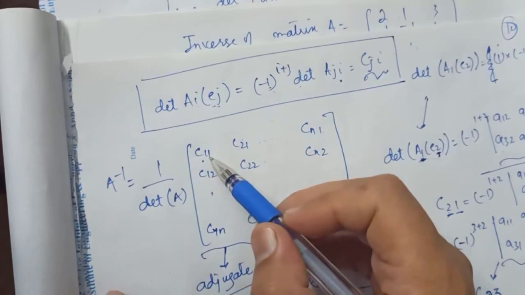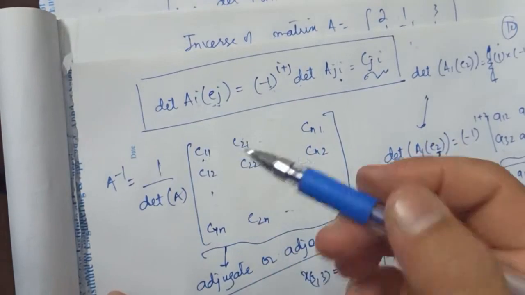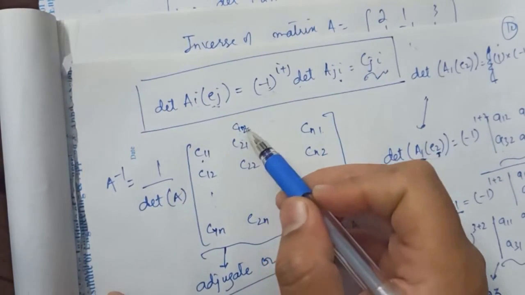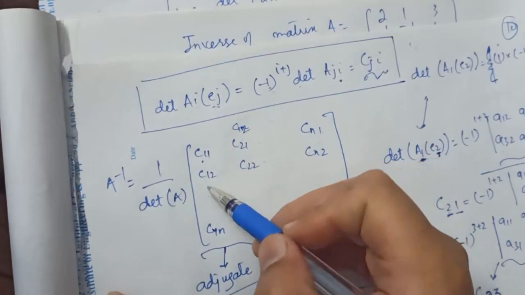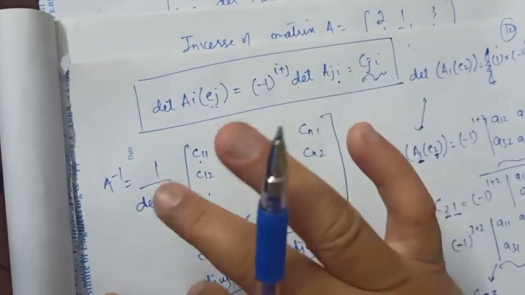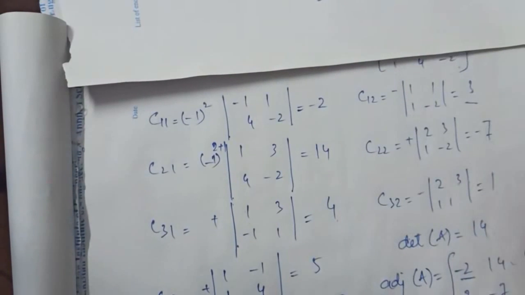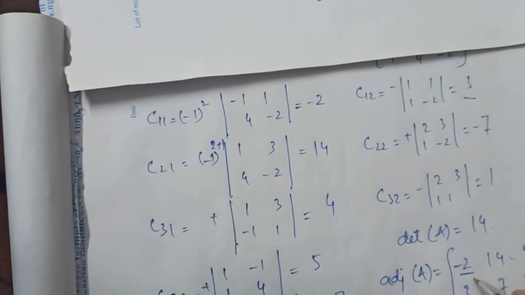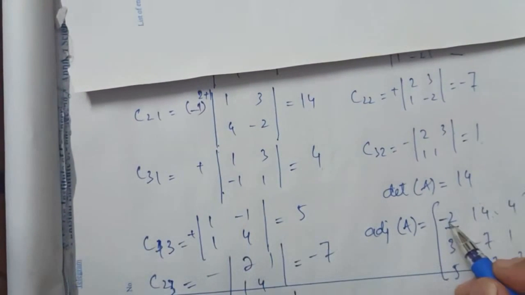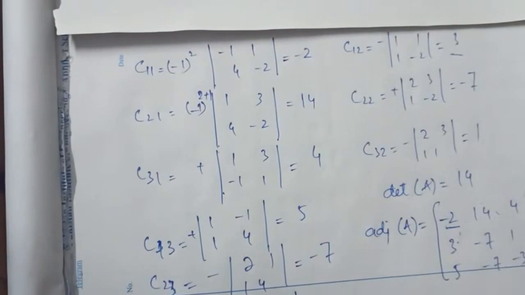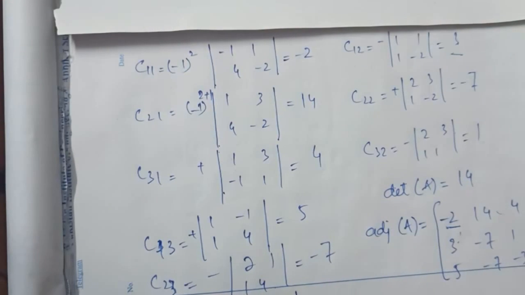Previously, when you find the determinant using cofactor expansion, this term is C12, but when you find the inverse, C12 doesn't come here, it goes over here. So all the terms switch over the diagonal. Same goes here, right? In this case C11 is minus 2, and I put it here. C12 is 3, which is coming here instead. Similarly, C13 conventionally should be on that side, but it is now on the other side, which is 4, which is C31.